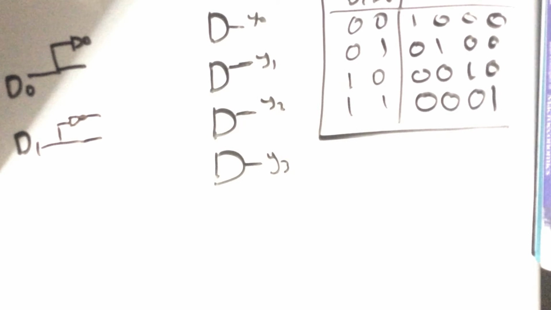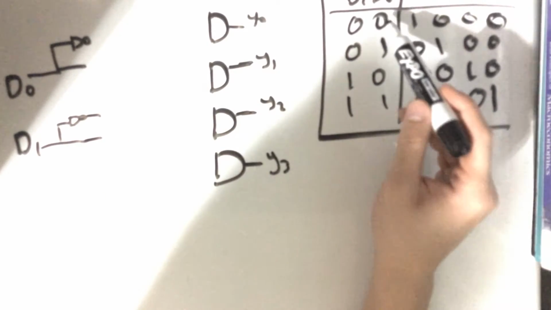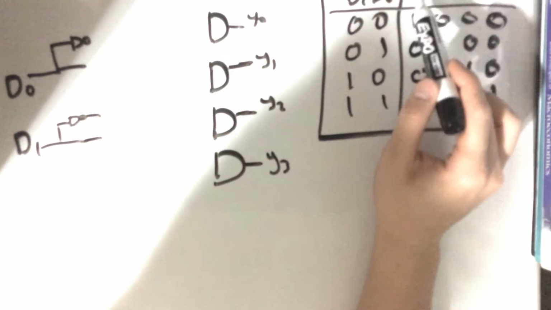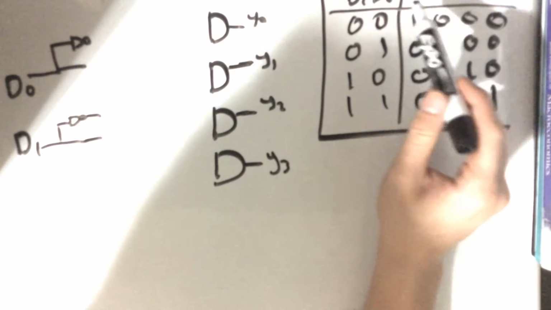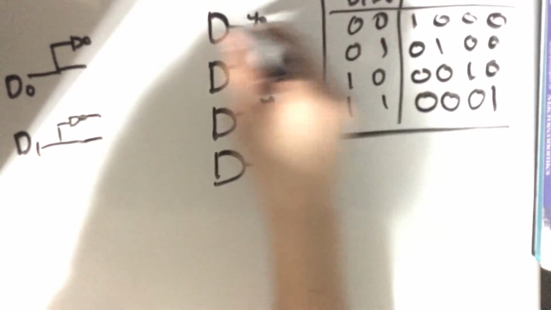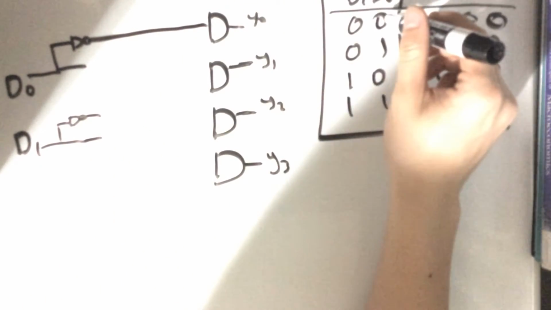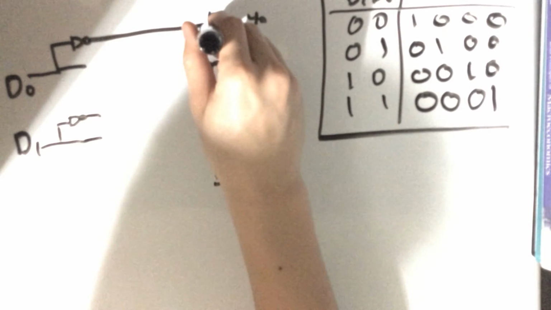When Y0 is set, D0 and D1 are set to 0, so we connect each to a NOT gate.